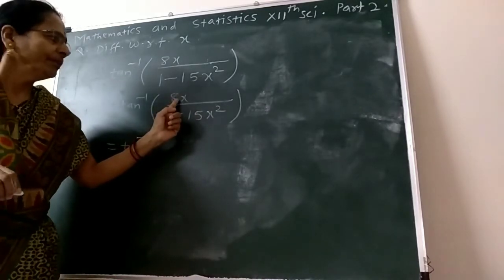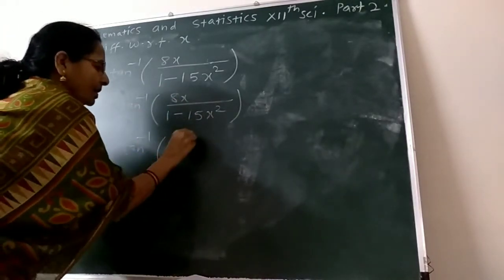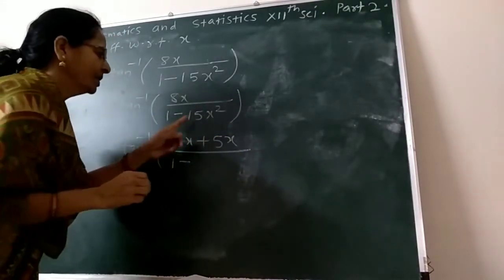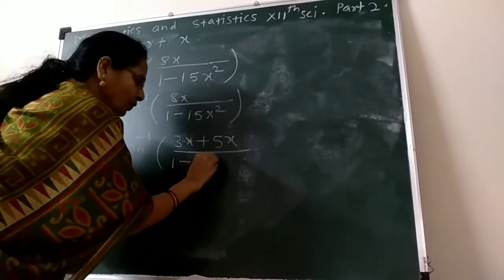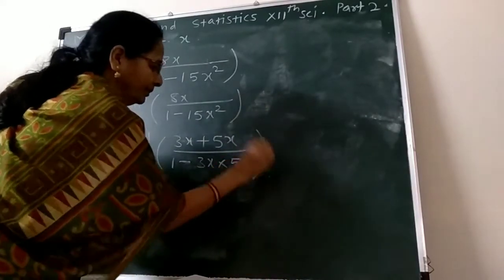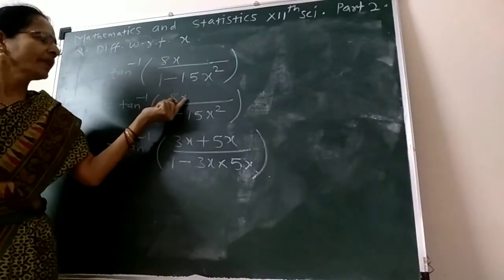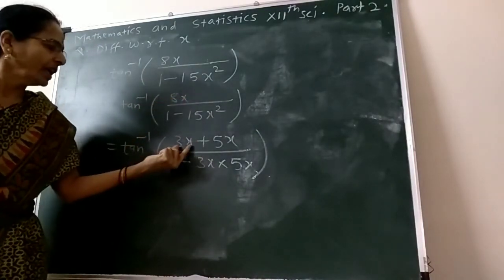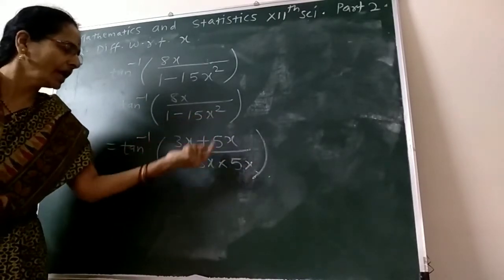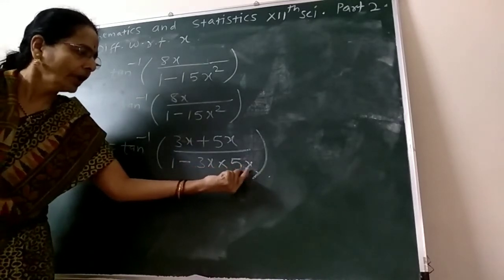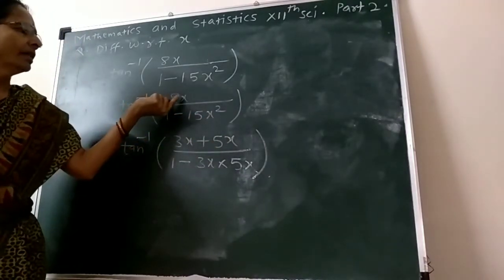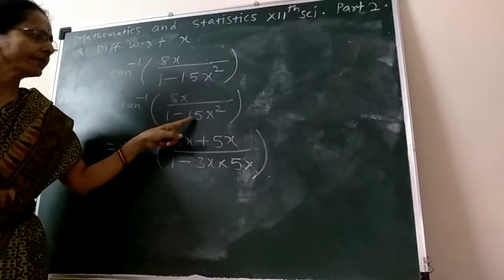If we write 8x as 3x plus 5x, and 15x square as 3x into 5x, then check: 1 minus 3x into 5x. Here 15x square is there and 8x is there. So split this 8 as 15.